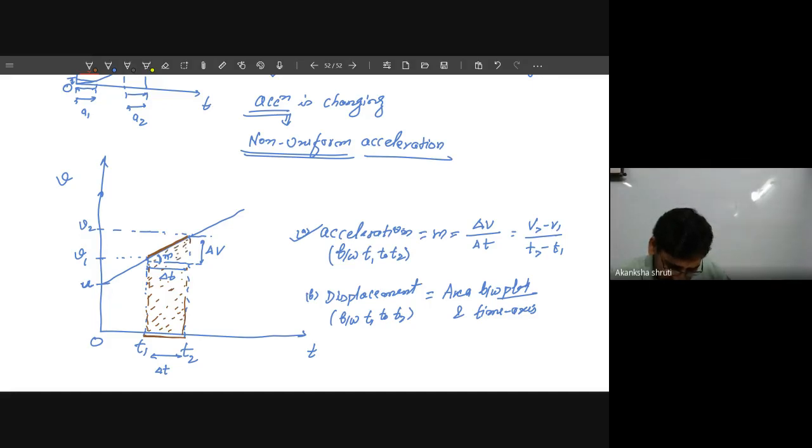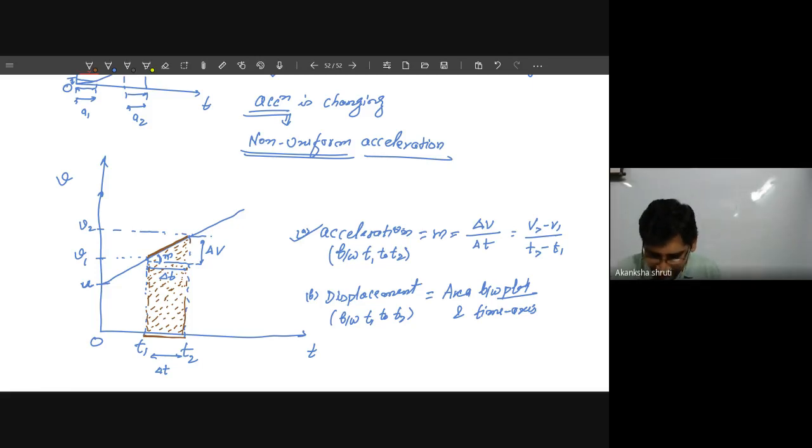So this area we have to calculate. How to calculate? It becomes a trapezium where the lower portion acts as a rectangle and the upper portion acts as a triangle. So these things you have to keep in mind, students.